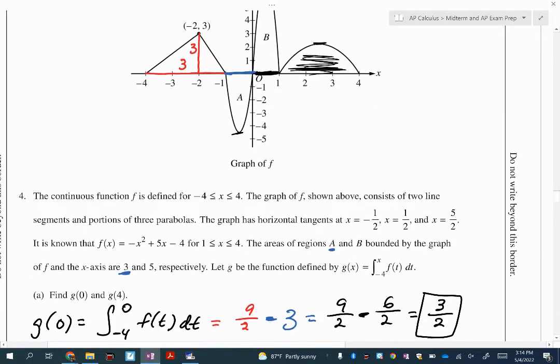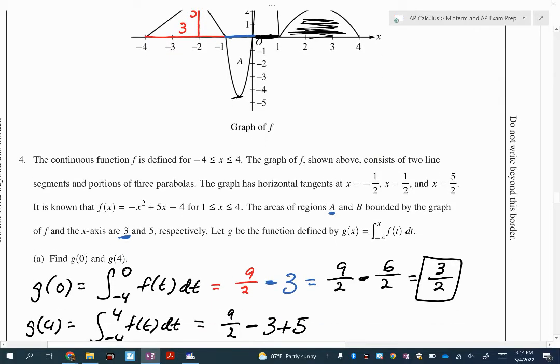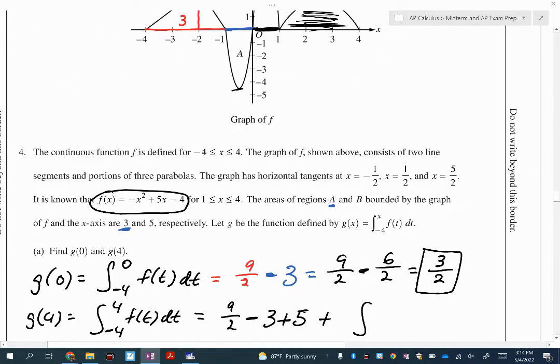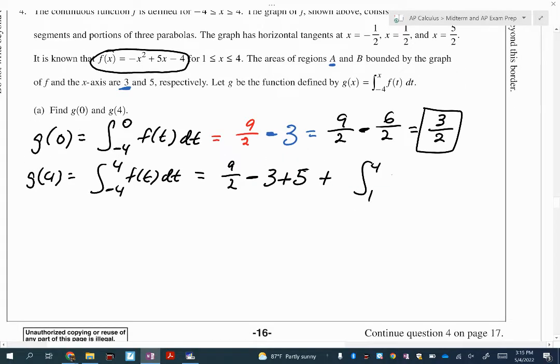They actually gave us a function, right? So I need to find plus the integral from 1 to 4 of negative x squared plus 5x minus 4.